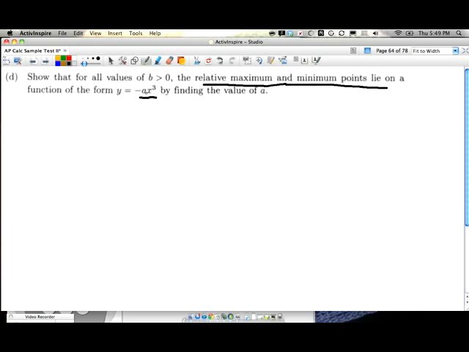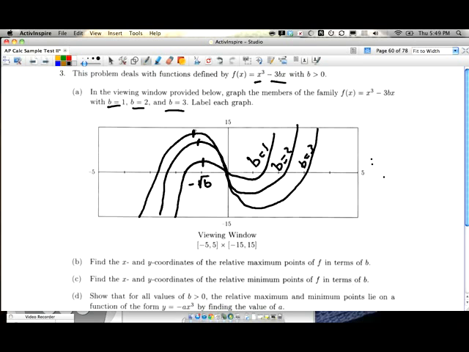Oh, I see what they're saying. Let's go back to this. They're saying that those 3 points there are going to line up, and then if we line up the mins over on this side, we're going to have a function here in which these points are all connected. Wow, that's an interesting thing to do.